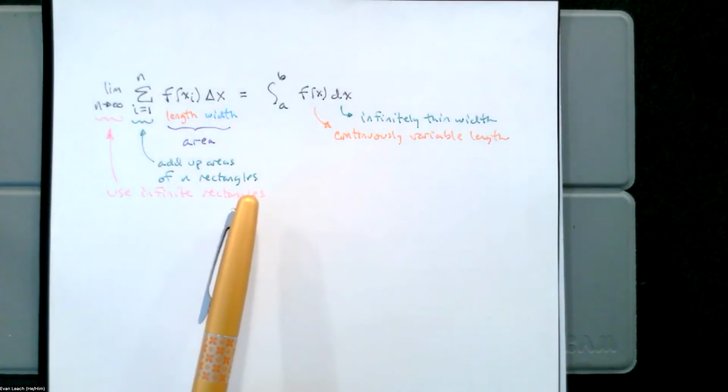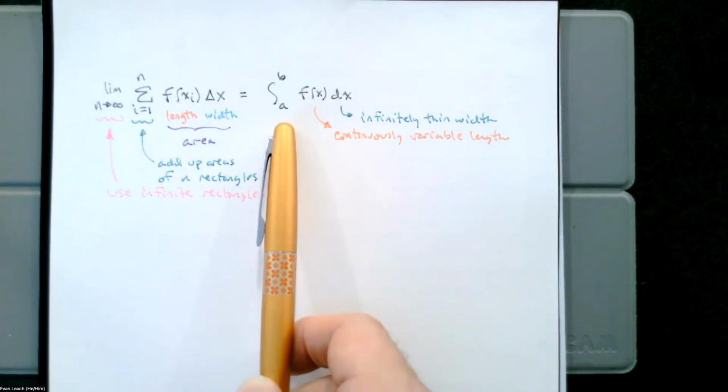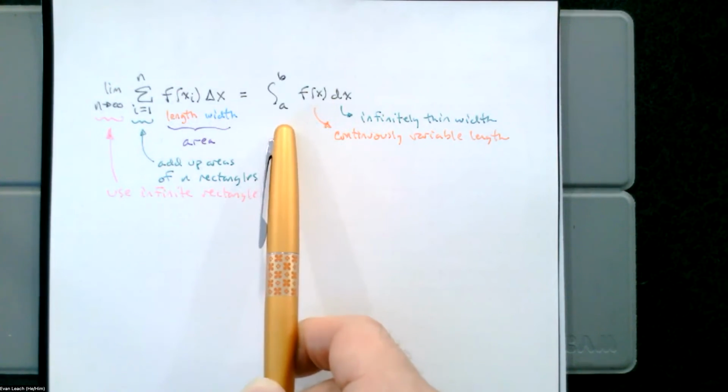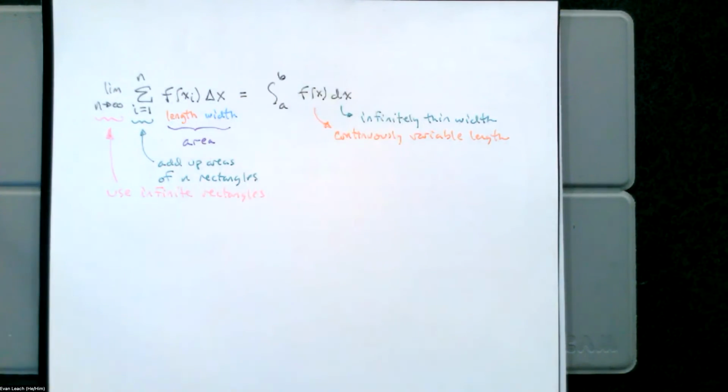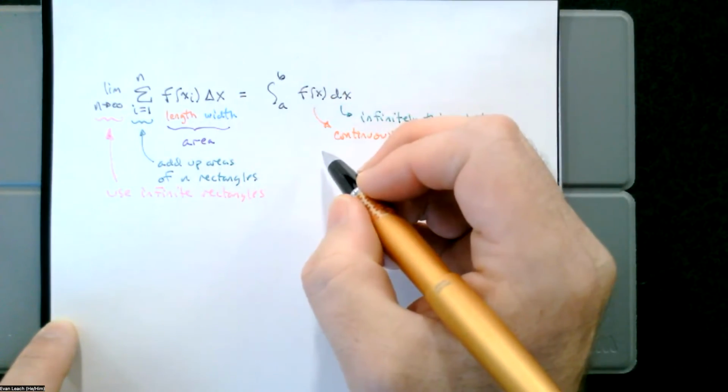When we add up the areas of the rectangles and use infinite rectangles, these are all the values of x we're plugging into this expression. So now this part is telling you the values of x.